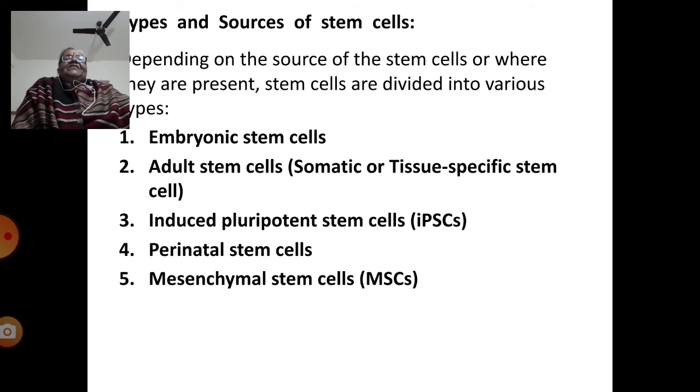Then what are the different types of stem cells? Depending upon the source of stem cells or where they are present, you can have 5 different types of stem cells.